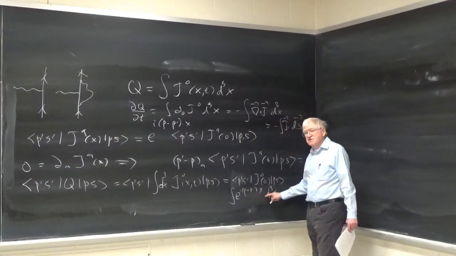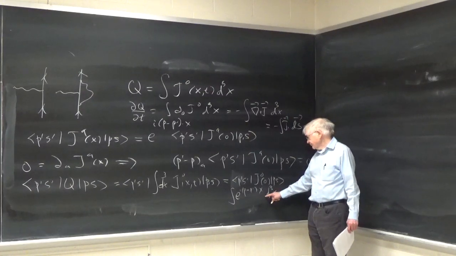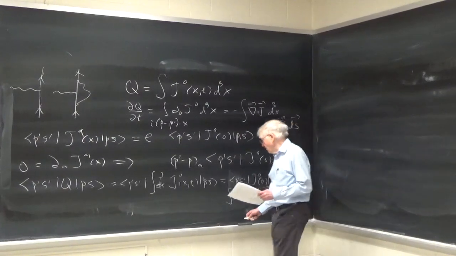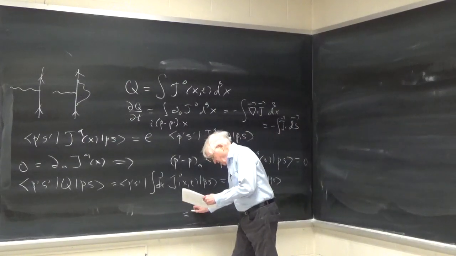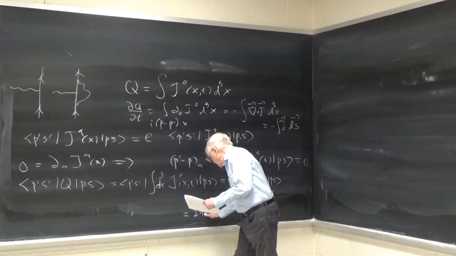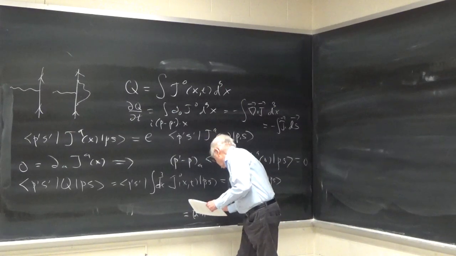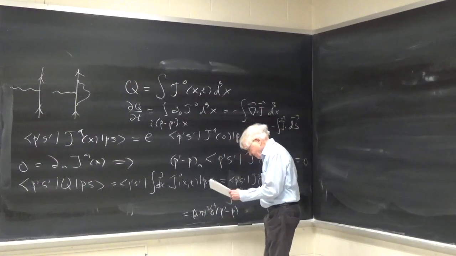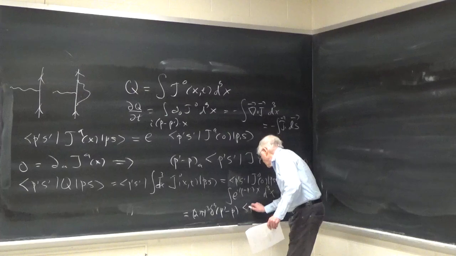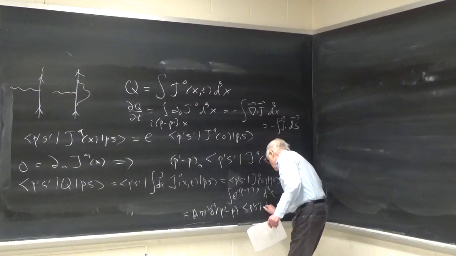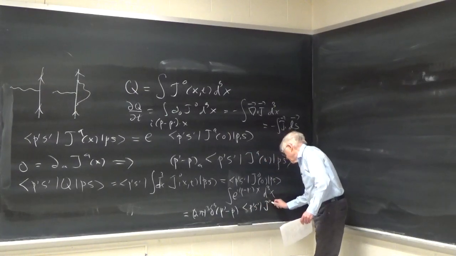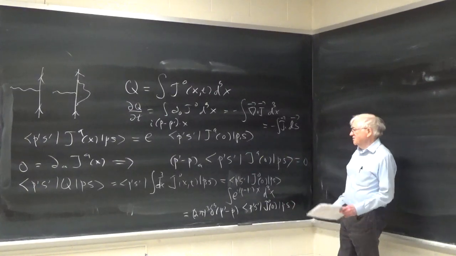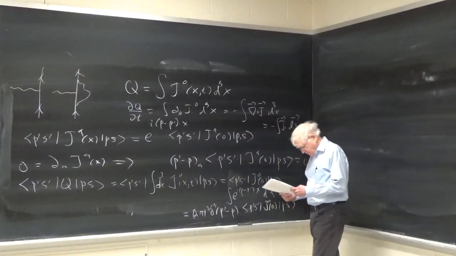And of course this is a delta function of P minus P', in fact times (2π)³. So this is (2π)³ δ³(P'-P) times ⟨P'S'|J^0(0)|PS⟩. Sorry for the ugly writing, but it's hard to write well on a low board.